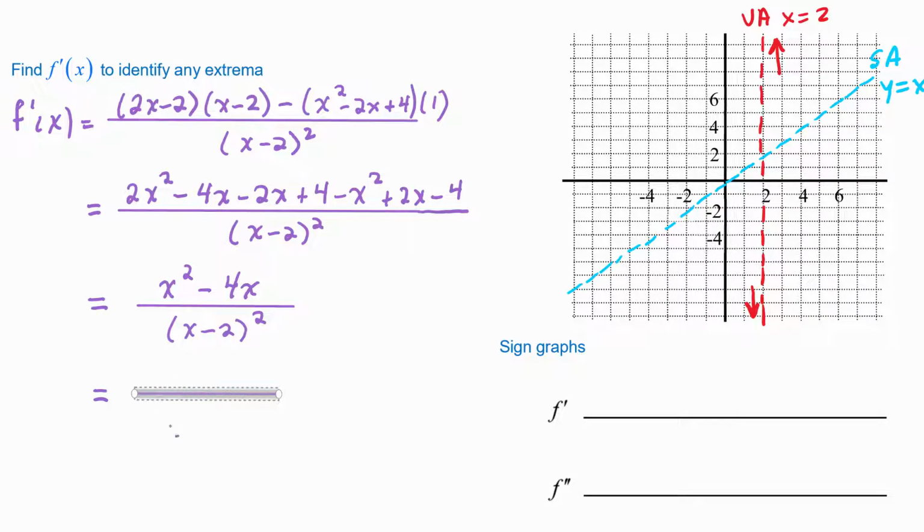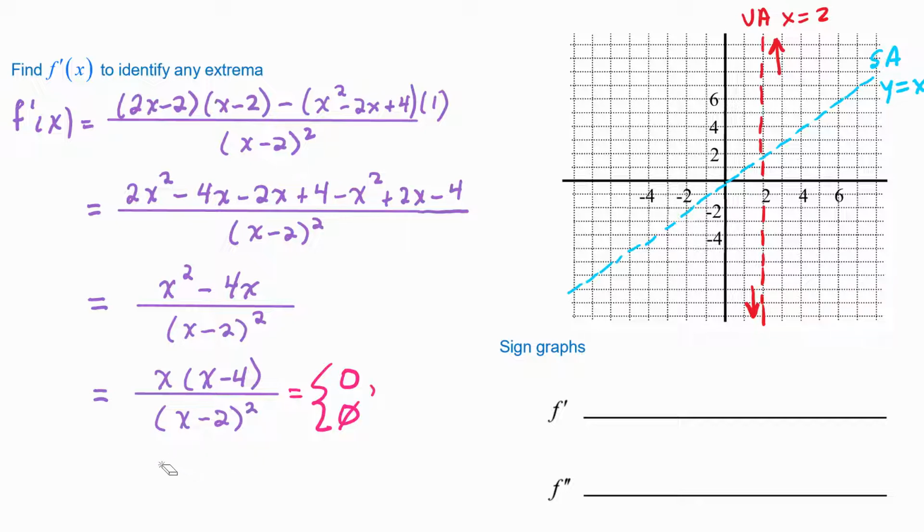So now we have x times x minus 4 over the quantity x minus 2 squared, and we will set that to 0 and does not exist.